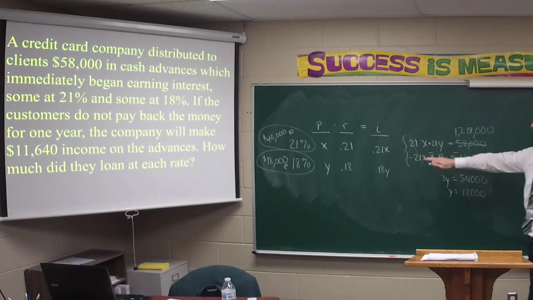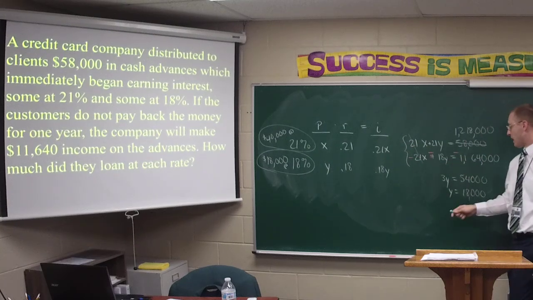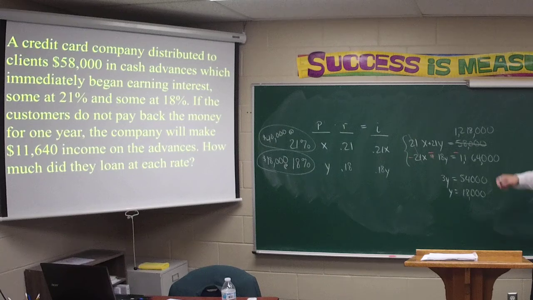All right, I multiplied the 21 through the top, changed signs across the bottom, got the 18,000, and then it was like, oh yeah, 58,000 total. If 18,000 of that's there, the other 40,000 is to the 21% people. Questions on interest problems? Now, I've got a chance to see a couple of them worked.